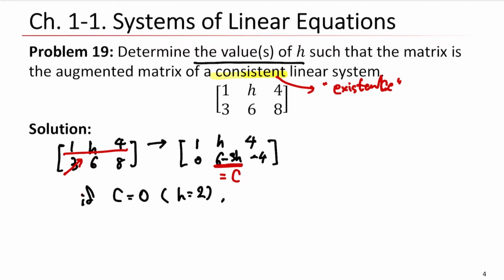Then this last row makes 0, 0, -4. Then there is no solution that satisfies this equation. So in this case, when h is equal to 2, there is no solution.